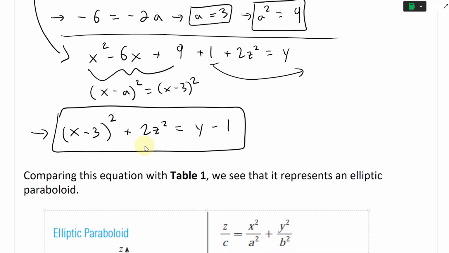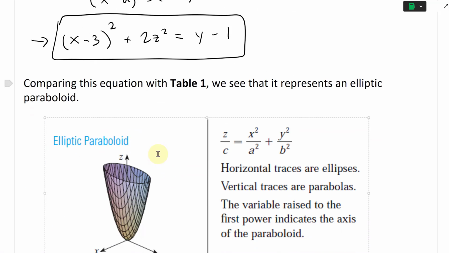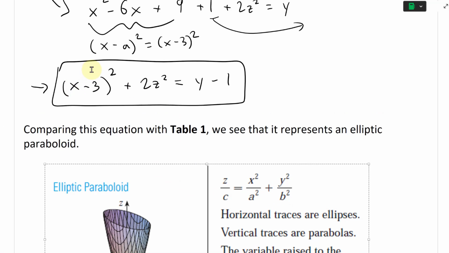And so now comparing this equation with table 1, here I copied and pasted that part into here, we see that it represents an elliptic paraboloid. So here's the elliptic paraboloid equation. We have z divided by c equals x squared divided by a squared plus y squared divided by b squared. And if we look at that right here, we have this x minus 3 squared and then plus 2z squared, and we have y minus 1.